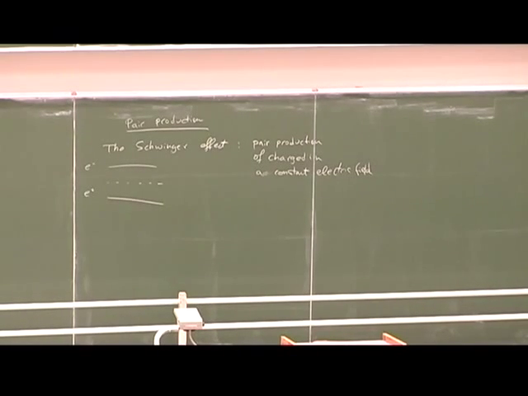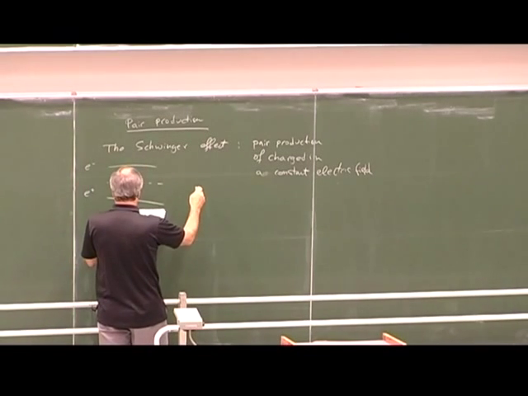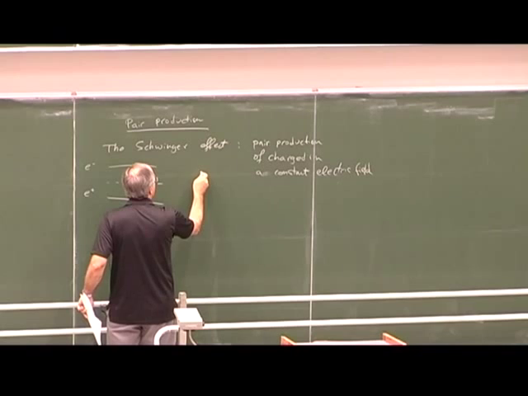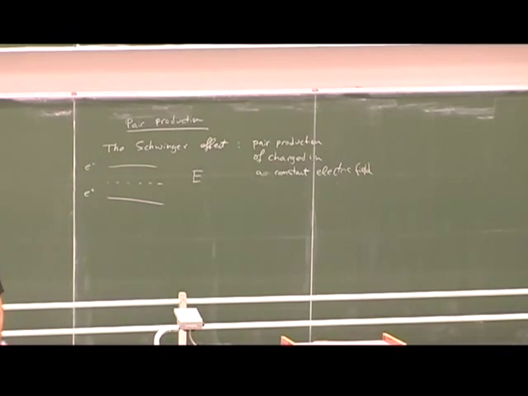Now we have an electric field E in some region of space, constant electric field E. And then Schwinger is asking, when would this electric field start to create electron-positron pairs?